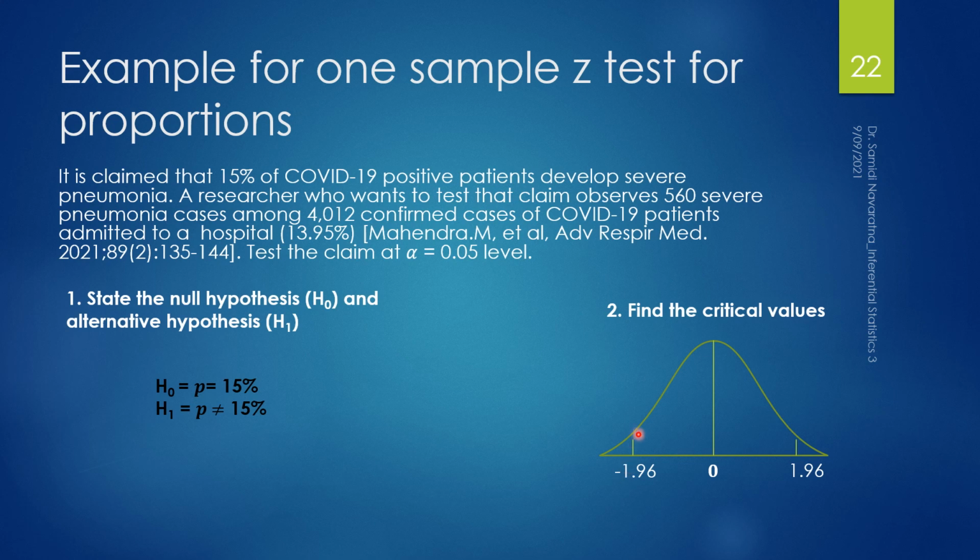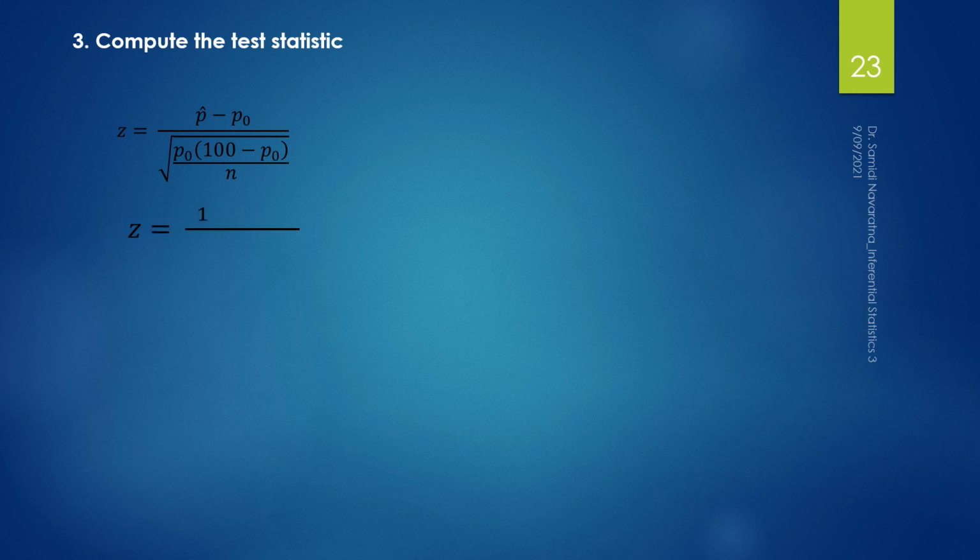Two-tailed and critical value 1.96. The third step is to compute the test statistic using the Z test for one sample proportion. The result is minus 1.86.